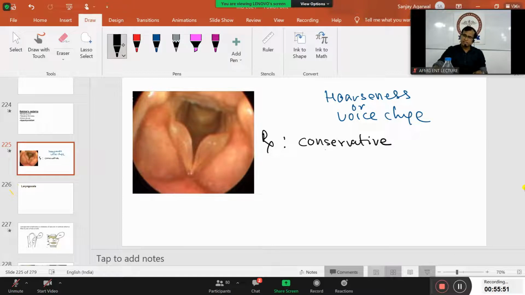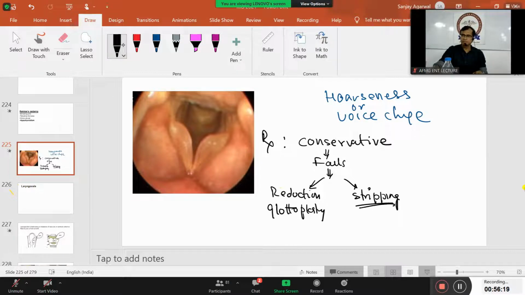But if it fails, then of course surgery has to be done. And the surgeries are two. You can do what is called reduction glottoplasty, which is a better answer. You can do stripping of vocal cord.